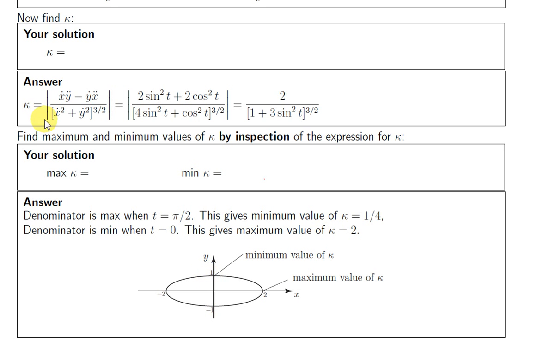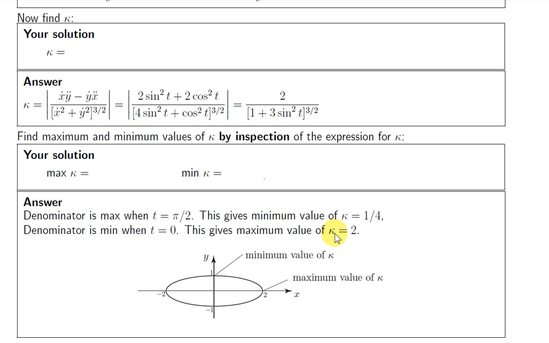To get the maximum value of kappa, we need to minimize the denominator. Now the minimum value that sine of t can have is 0, or the sine squared of t is 0. That occurs when t equals 0, then kappa equals 2 divided by 1.